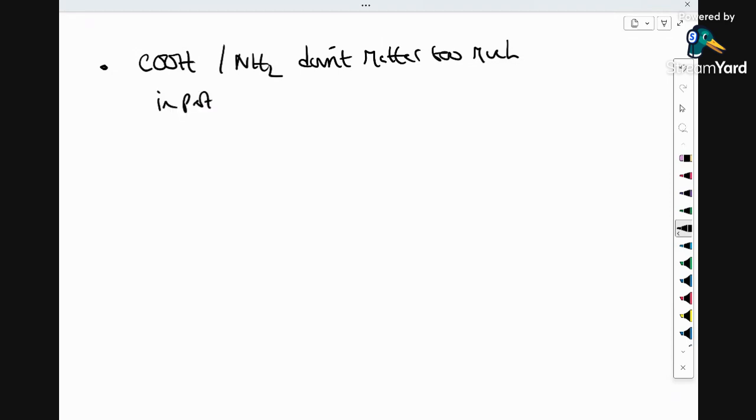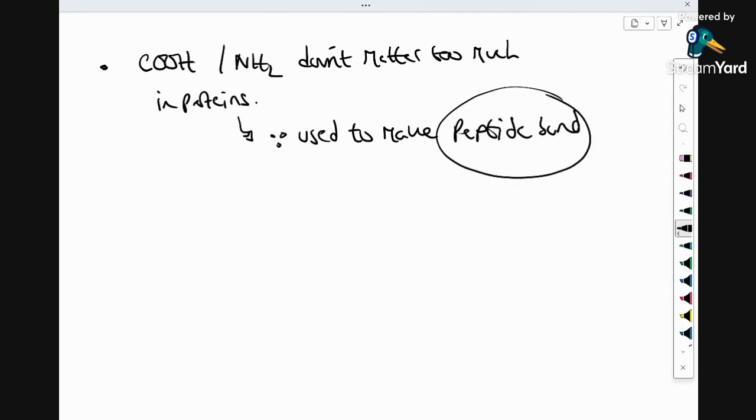Because whether they are charged or not doesn't matter, because they are used regardless to make the peptide bond. And when they've done that, they don't have a charge anyway. So even if they were charged before, the Zwitterion, they don't retain those charges once they've produced the peptide bond.